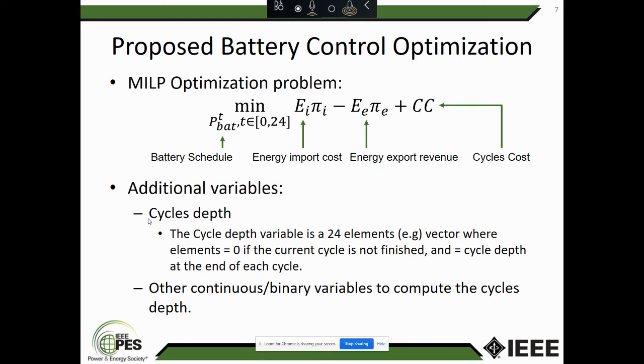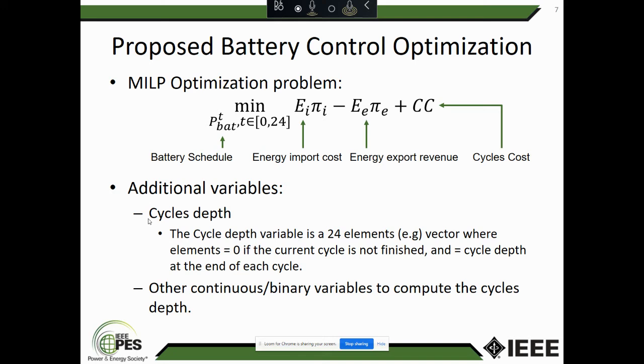And if we just finished a charge, then the element of this vector will be equal to the depth of this charge. So there are many other auxiliary variables in order to make sure that this cycle depth variable is effectively capturing the depth of each half cycle, so charge or discharge.